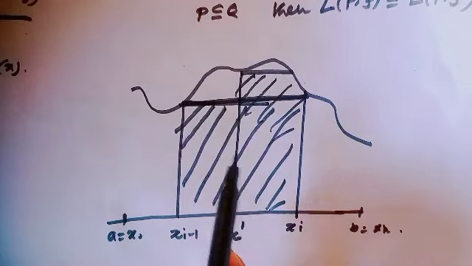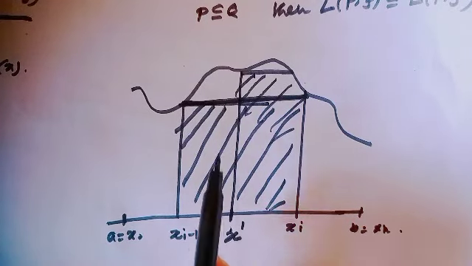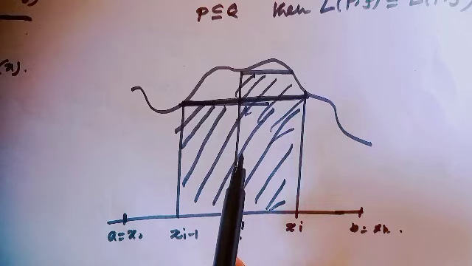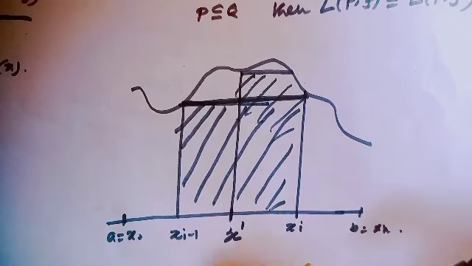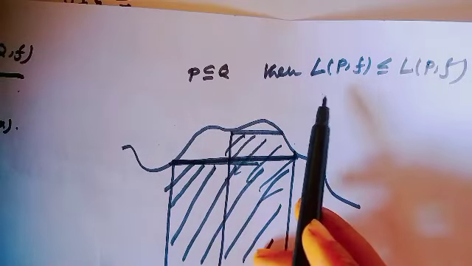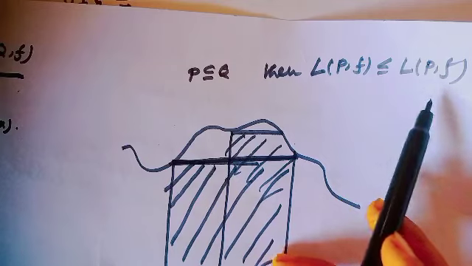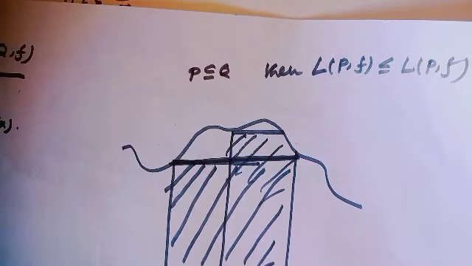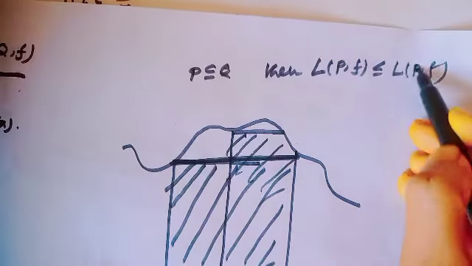This picture tells us the lower sum will be increased when we refine the partition. Are you getting the idea? Well, that means when Q refines P, then LPF is always less than or equal to LQF.